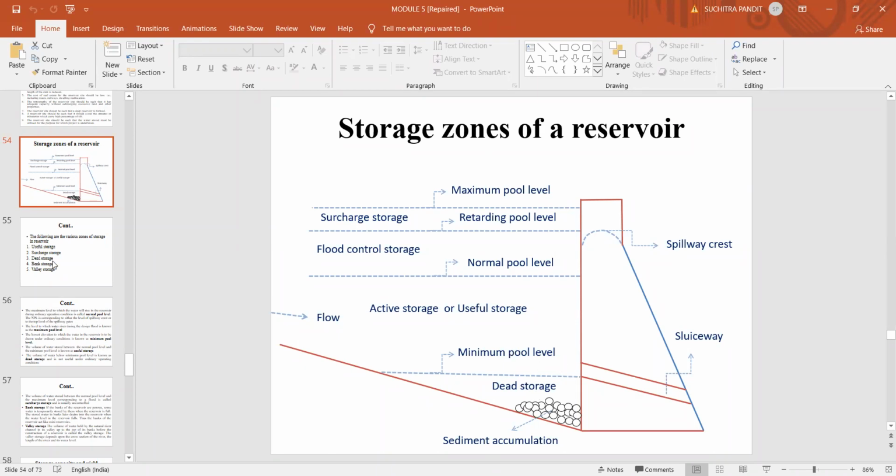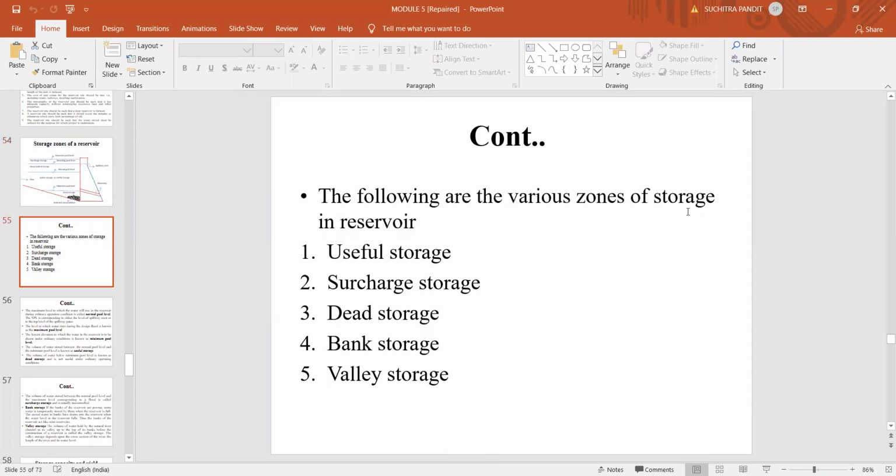Now, the following are the various zones of storage in a reservoir. The useful storage is known as the active storage or live storage. Surcharge storage is the storage which has to be disposed of in case of heavy flood, and dead storage is the portion which has to remain in the reservoir, and bank storage.